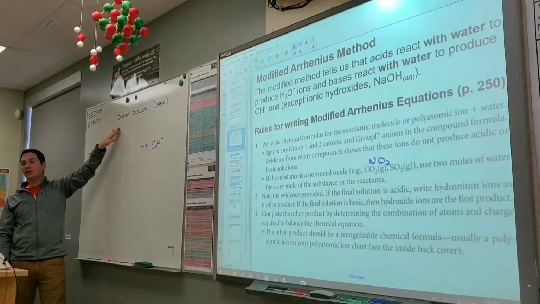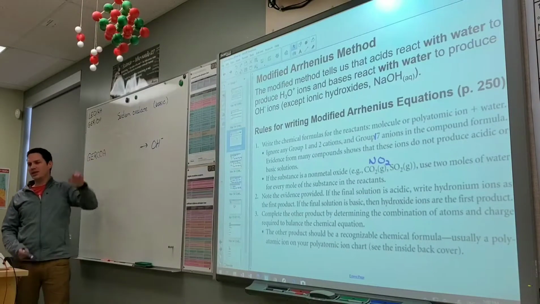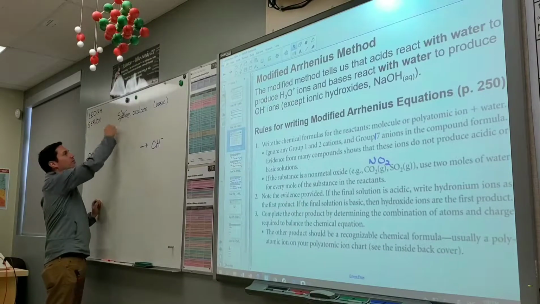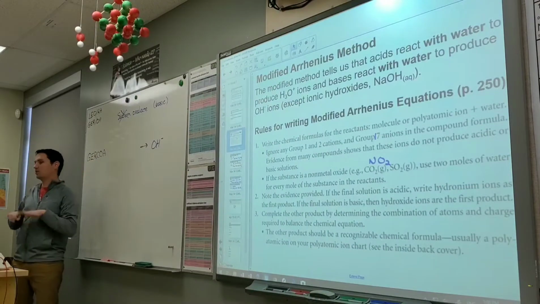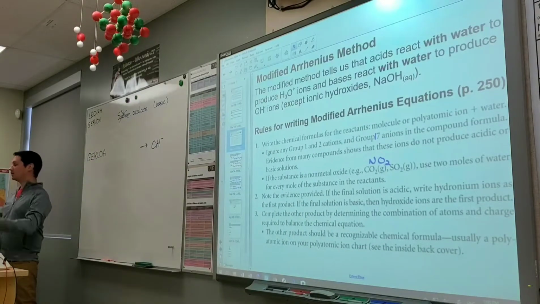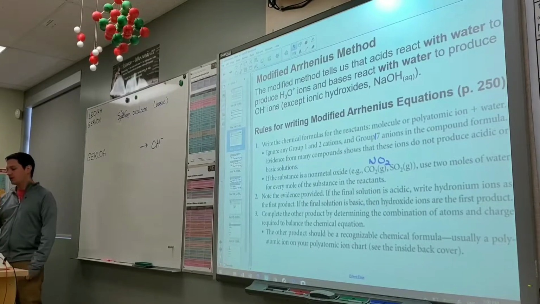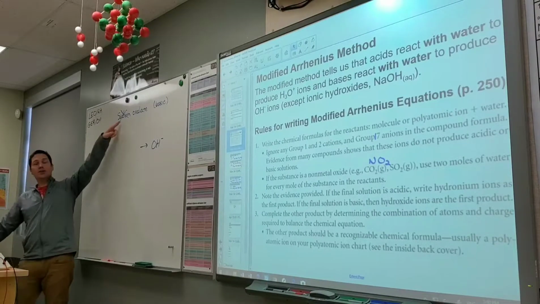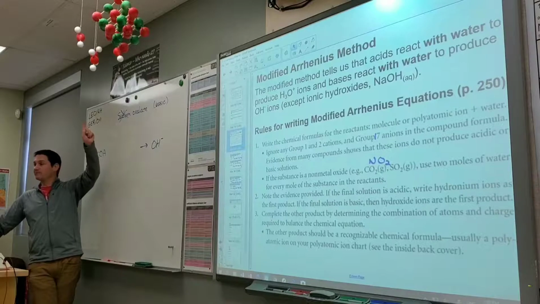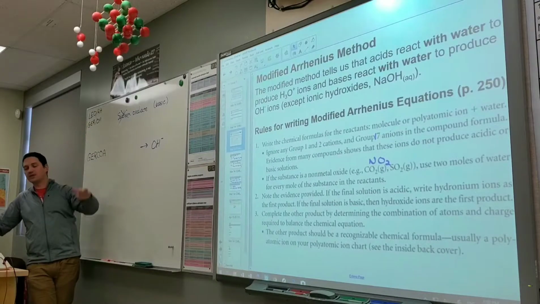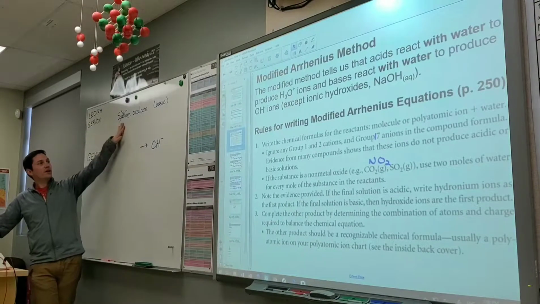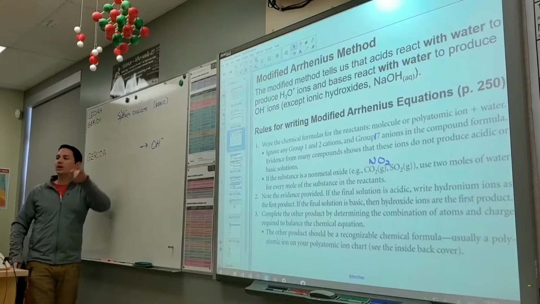Yes. So can we ignore one of these things? Yes, sodium. Why can we ignore it? It's an ionic compound, and sodium is a group 1 ion, and group 1 ions never really do anything. Perfect. So it's the oxalate that we're really worried about.